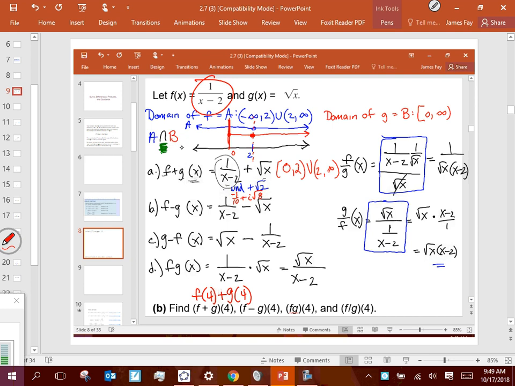What would you get if you evaluated that at 4? You get 1/2, won't you? Okay. Then it says evaluate g of 4. What happens when you evaluate g of 4? 2. It says add those together. What do I get when I add those together? 2.5 and 5/2, right?